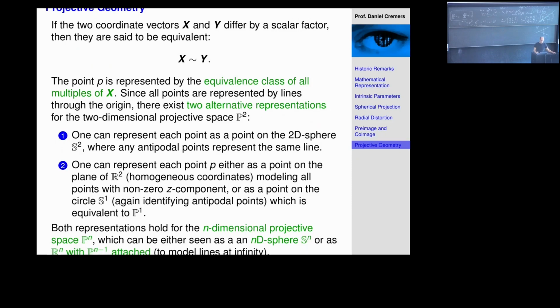That's essentially what you do here. There is only one caveat: if you take a line that is really parallel and goes up here, it never intersects. So these are the points that we have additionally in the projective space. We have lines that basically intersect at infinity, if you will.